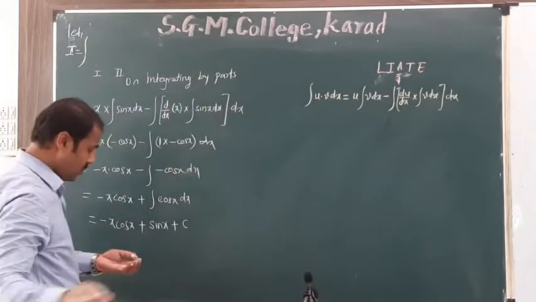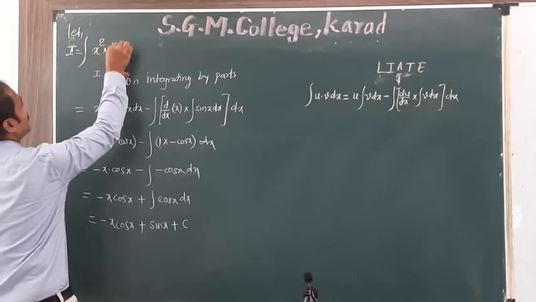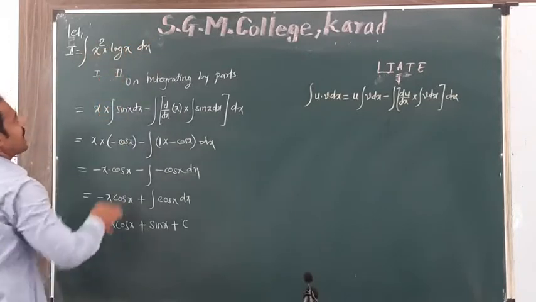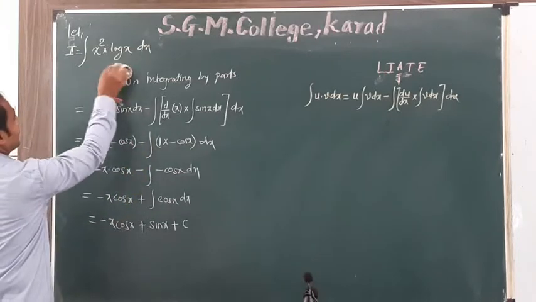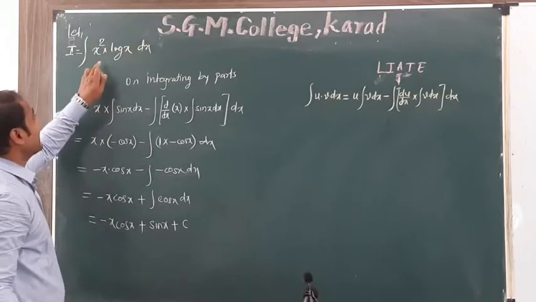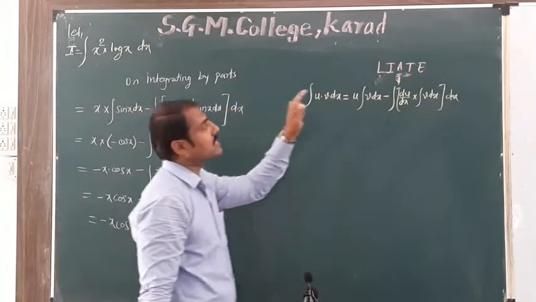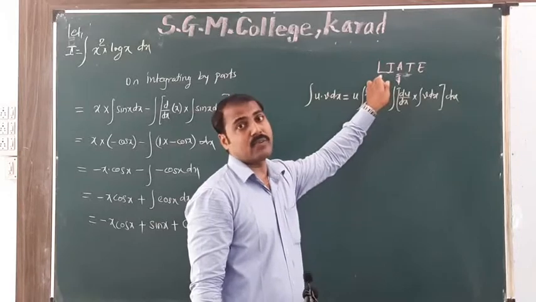X square into log x. Okay. First denote the given integration by I. So let I be equal to integration of x square into log x. Look at here. In the integrand there is a term x square into log x. X square means algebraic function and log x means logarithmic function.